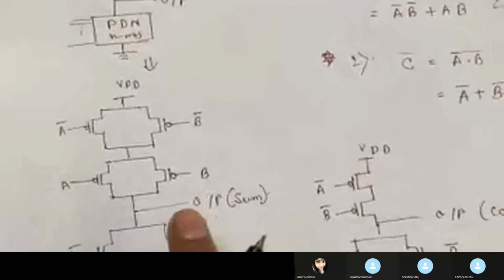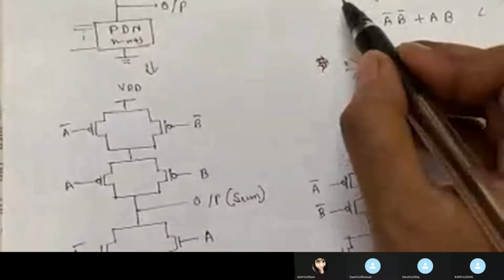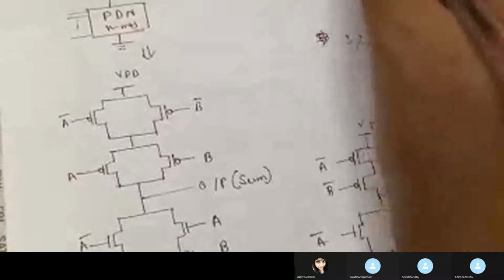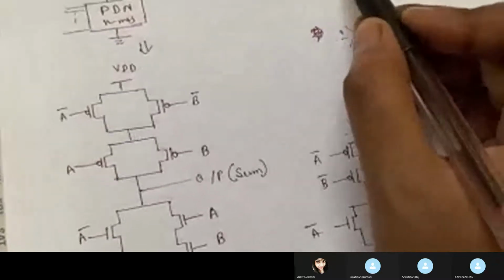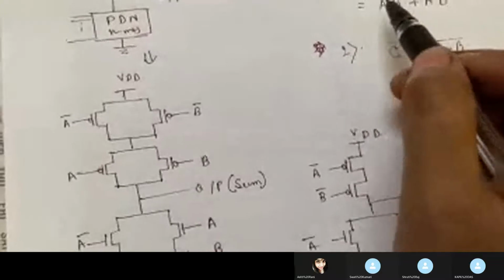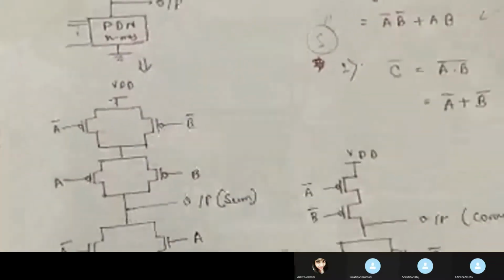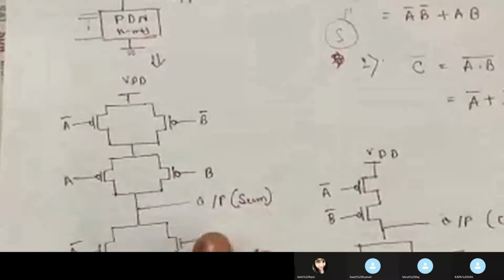And for the output, in input you are giving S bar, means sum bar. To get S, you are giving S bar as input. As we get the complemented output in CMOS logic, you will get S from this. So at the output, you will get sum.